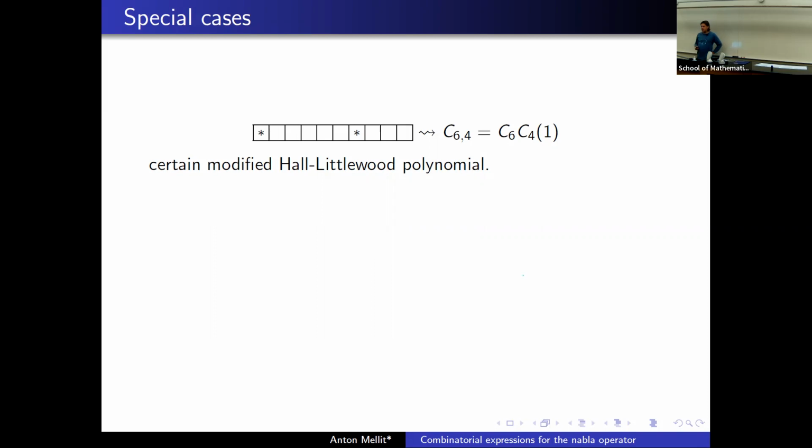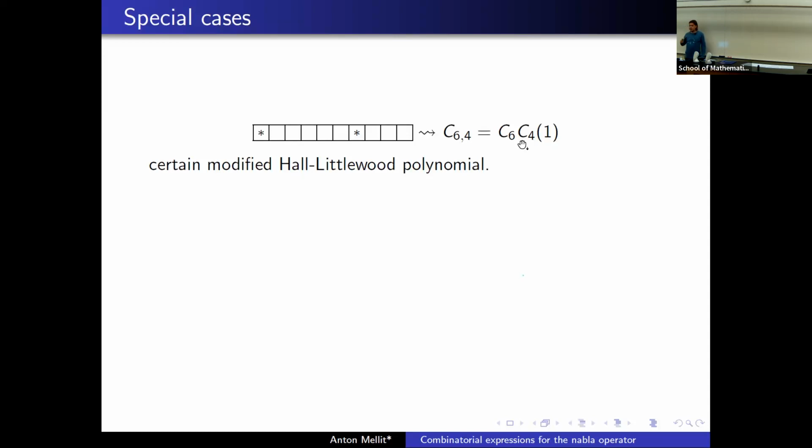Oh, yeah. So it turns out in some special cases, we can compute the symmetric function associated to the shape. As I said, first, we had in the proof that it's not very clear what is a symmetric function associated to the shape. And it turns out that for shapes like this, when you have a single bar with a bunch of stars, the corresponding symmetric function is a certain modified Hall-Littlewood polynomial.